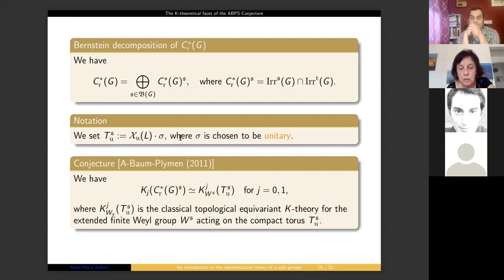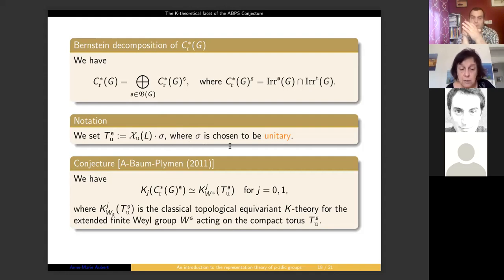Today, in the world of smooth representations, we were considering the orbit of sigma, where sigma is a supercuspidal representation. We were considering the orbit of sigma by the group of unramified characters of L. But of course, we can consider a smaller orbit in which you just consider the action by the group of unitary unramified characters of L. So now I am trying to mix the two situations.